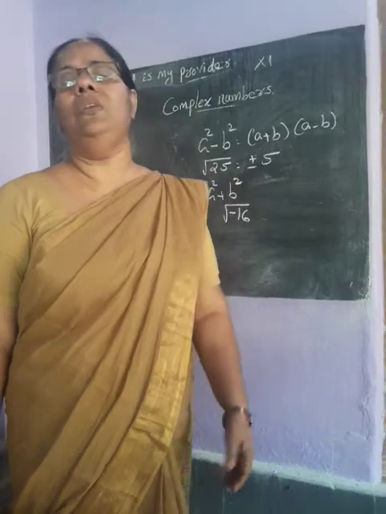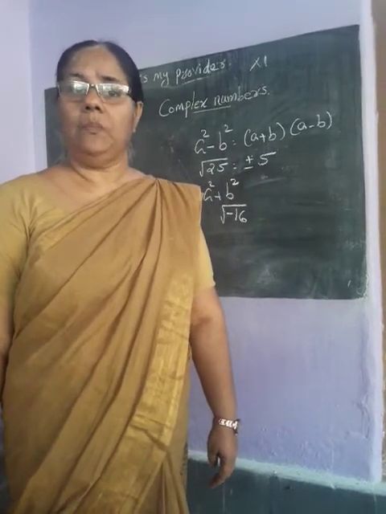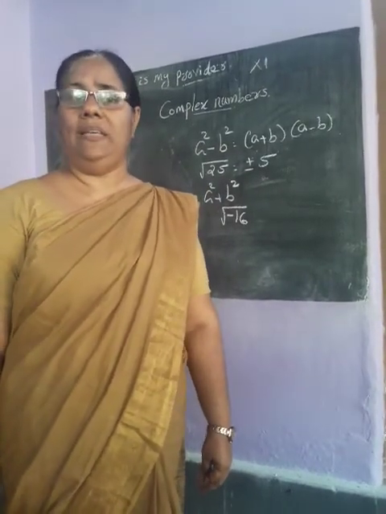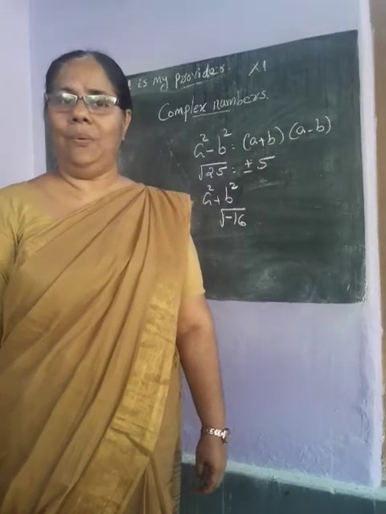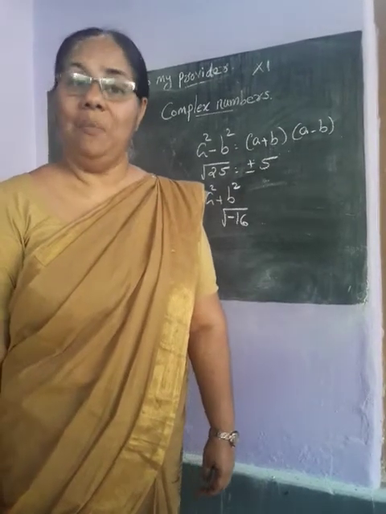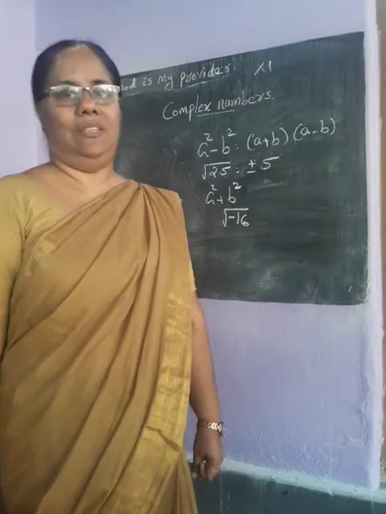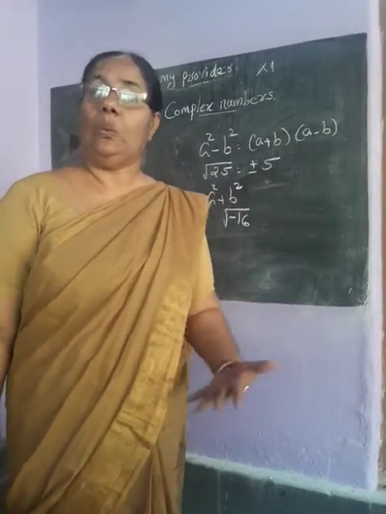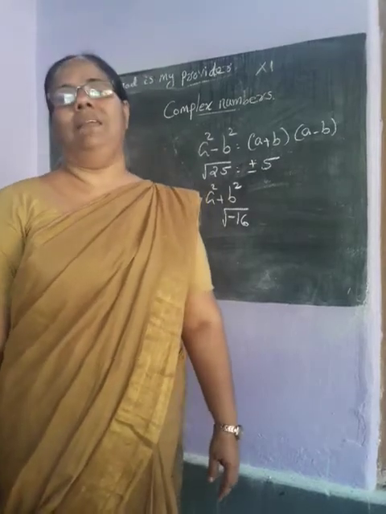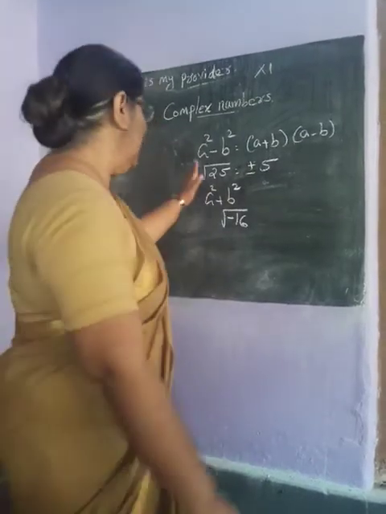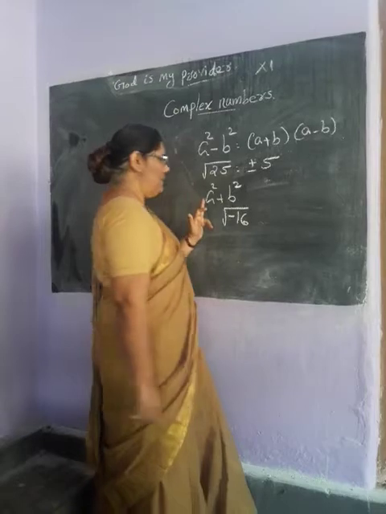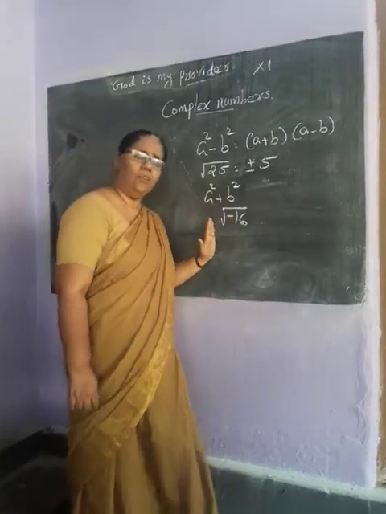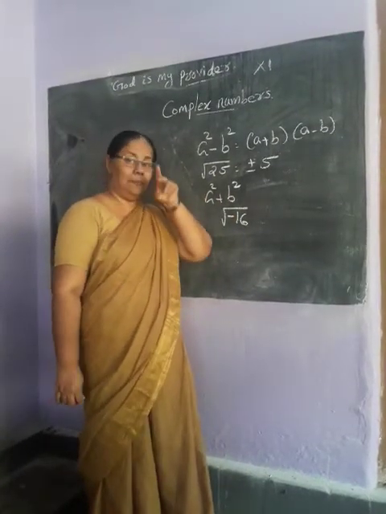In the previous year we know that if the discriminant b square minus 4ac is less than 0, then the roots are imaginary. Here we cannot factorize a square plus b square, or we cannot find root minus 16.